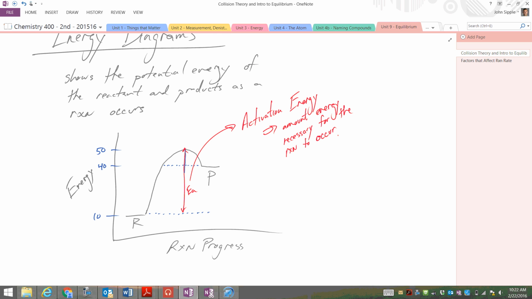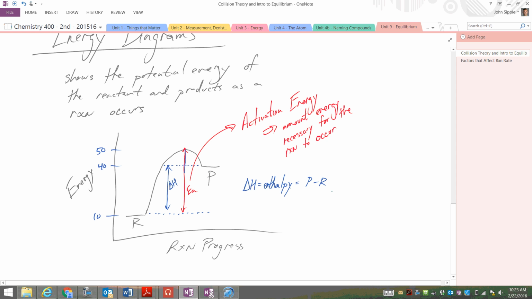Additionally, here's another thing on this graph that we want to be aware of, and that is the difference between the reactants and the products, and that is delta H. Delta H is called enthalpy, and it's equal to the products minus reactants.